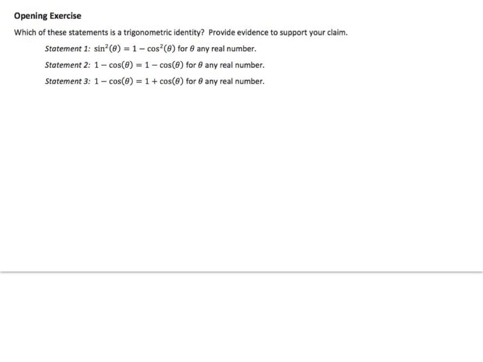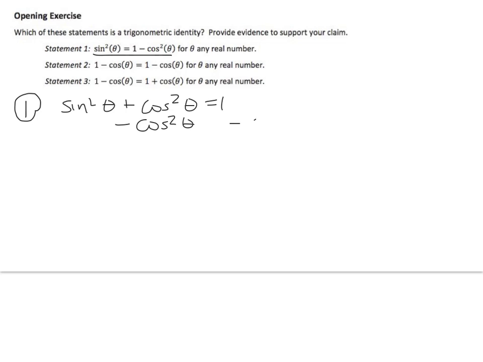If we look at statement 1, I'm having pen issues this morning. Statement 1. We see that this is just a reordering of the Pythagorean theorem that we talked about a few lessons ago. Sine squared theta plus cosine squared theta equals 1. If you just subtract cosine squared theta from both sides, you get statement 1.